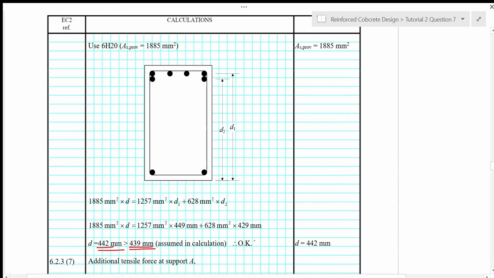So in this case it's okay. So now we know that the actual effective depth is 442 mm. If the calculated effective depth here is less than the assumed value, then we have to use the smaller d value to repeat the calculation.